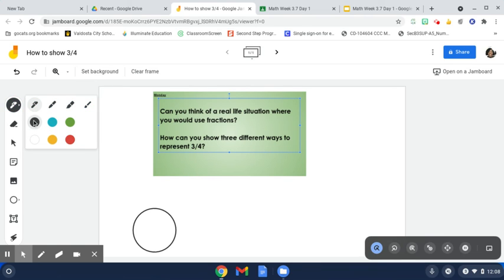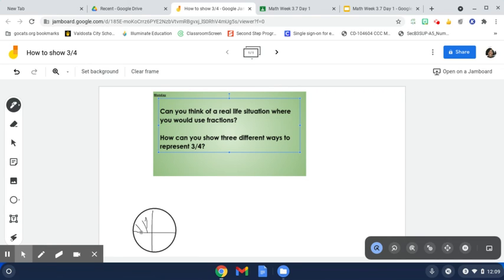Use black. And I'm going to divide it into fourths. It's not going to be exactly equal because I'm drawing freehand here, but let's say I shade it in. I'll just draw my lines here.